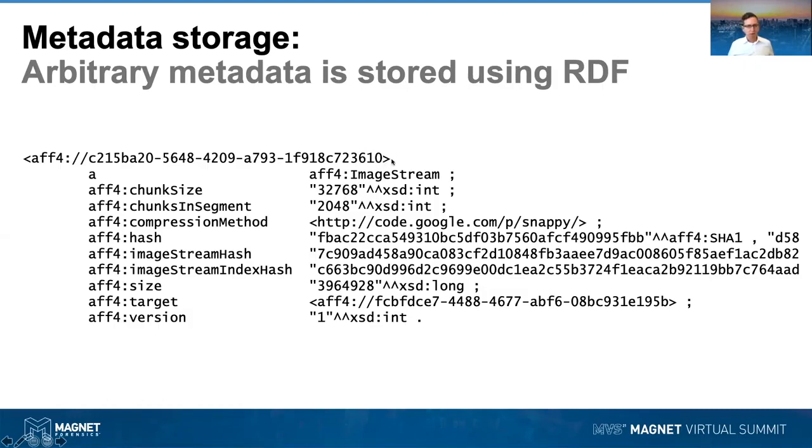Objects have their own identity, which is unique, which is this particular UUID up here. They have a type, so this is of type image stream, and then we have a number of properties that have values associated with them. So for example, in this particular compressed block stream, we have chunks which are about 32K in size. The compression method that we're using is Snappy, and then we've got a linear bit associated with that, and this is the SHA-1 linear bit stream hash encoded here.